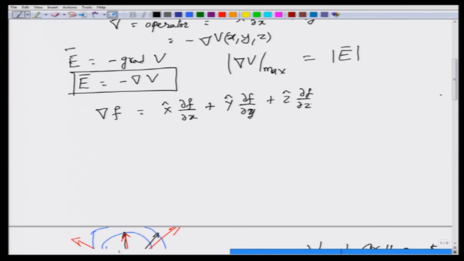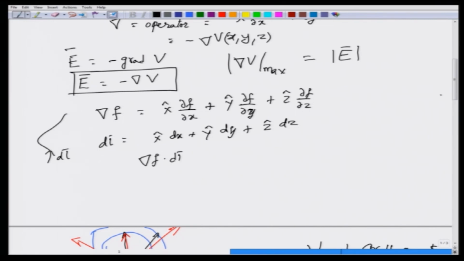Okay. If I now consider some path, say the path dl, it can be decomposed into x hat dx plus y hat dy plus z hat dz, and then I ask you what is the component of del f on this line element dl.